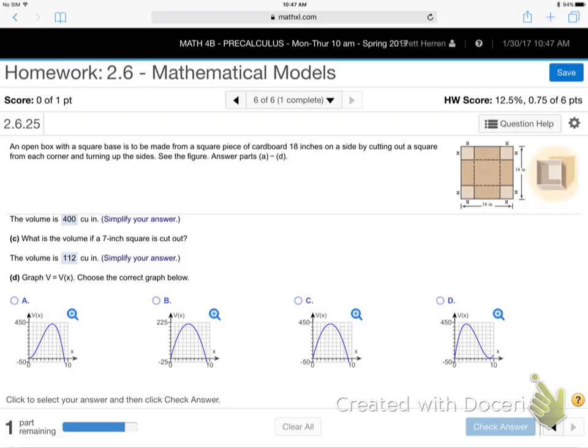Now they're going to want me to find that maximum. So you know what to do, right? Just hit second calc. Go down to max. Go left of it, right of it, and then go kind of on it.